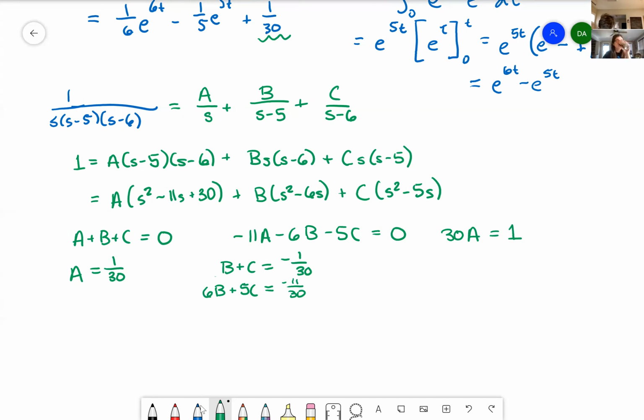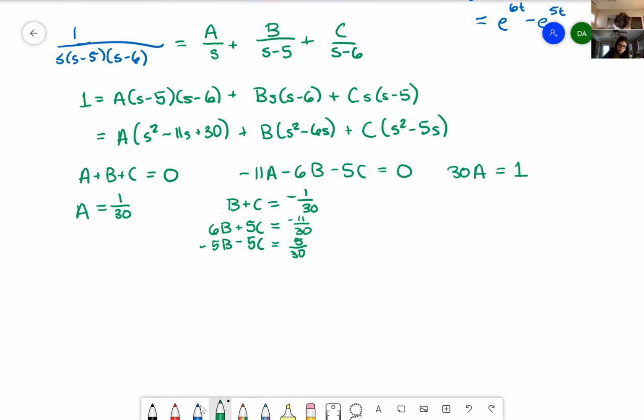Well, yeah, what do I want to do with this? I'm just going to do it the easy way. So minus 5B minus 5C equals 5/30ths.